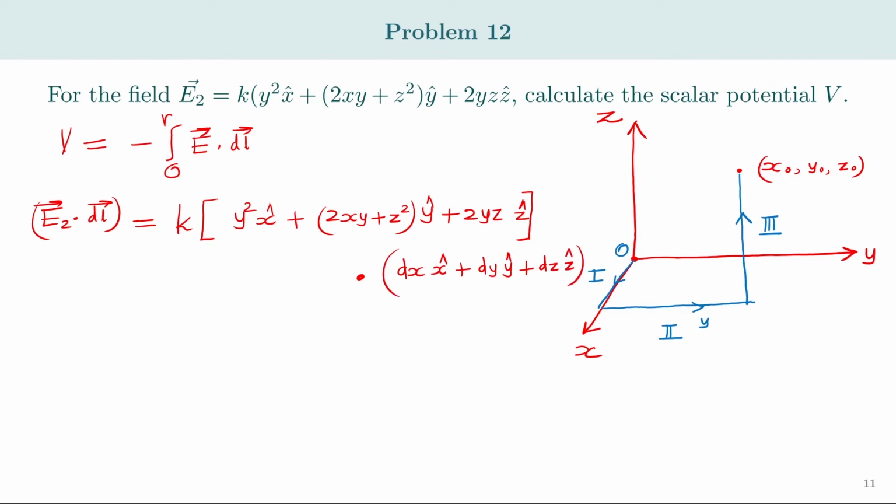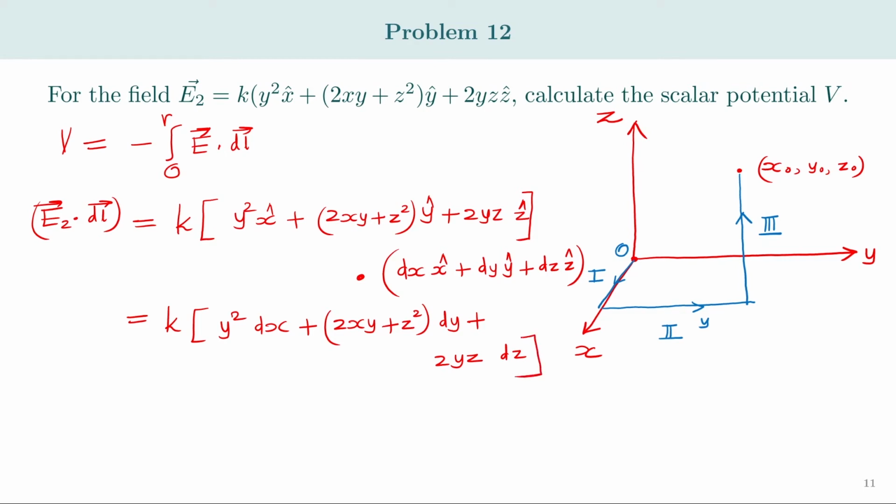So this is dl in the Cartesian coordinate system. And when we take the dot product, we are left with k (y square dx plus (2xy plus z square) dy plus 2yz dz).